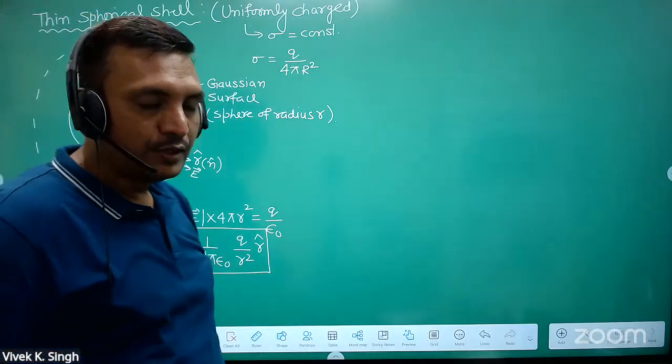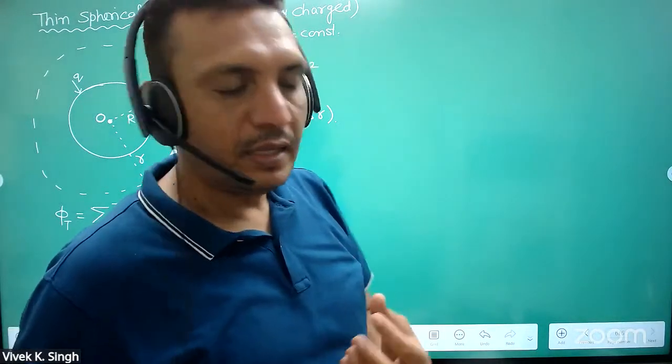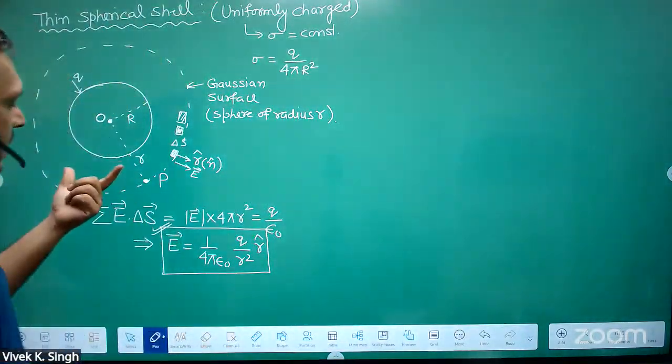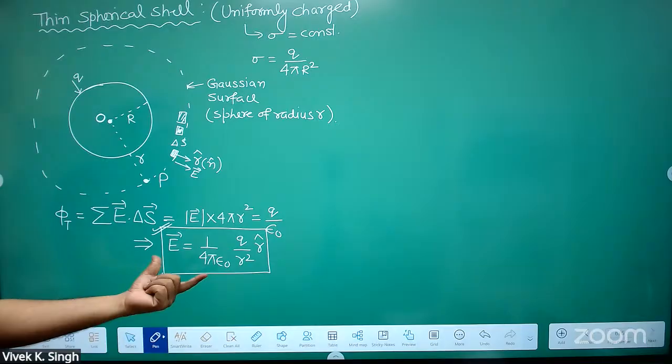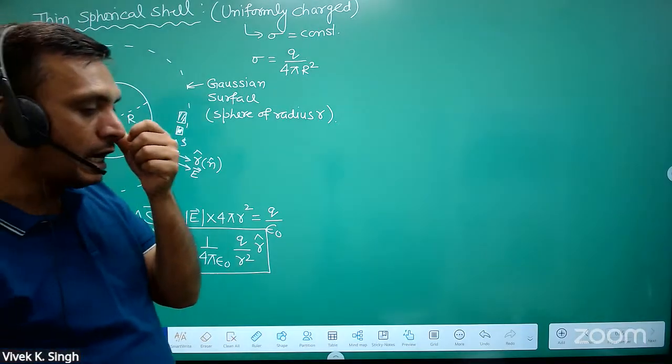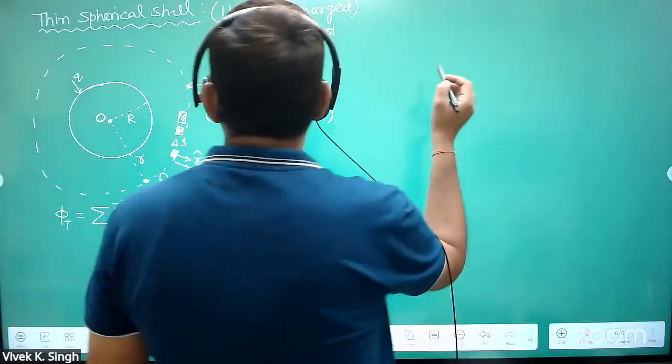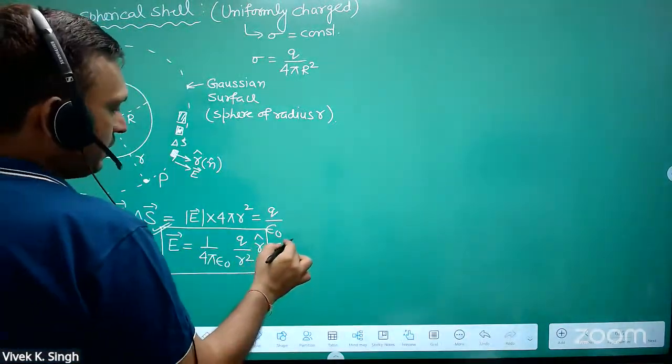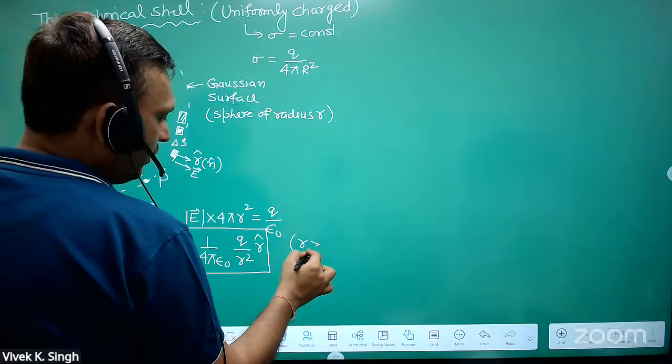Okay? So whenever there is spherical symmetry, using Gauss law you can easily find the electric field. This is the field outside.